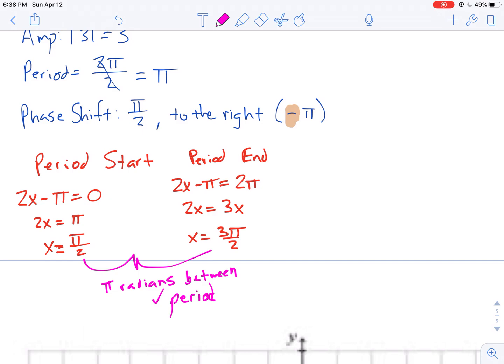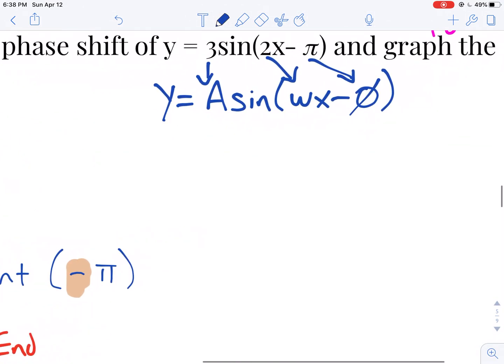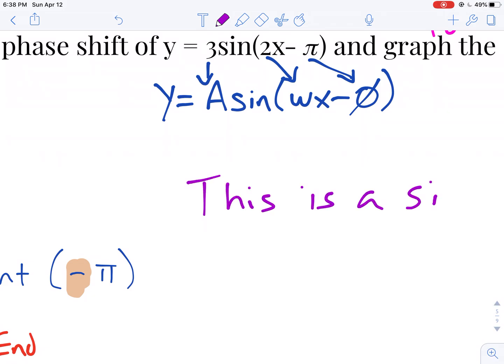Now, one thing that I want to note is this is the sine function. I'll change my color here. So this is a sine function. And there's no vertical shift.